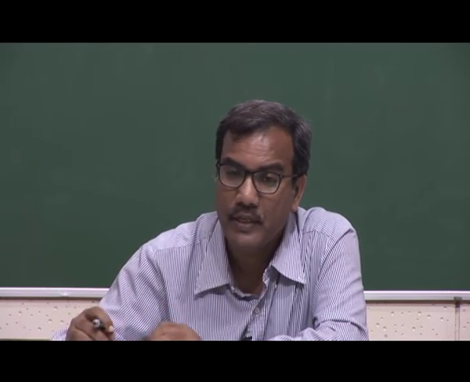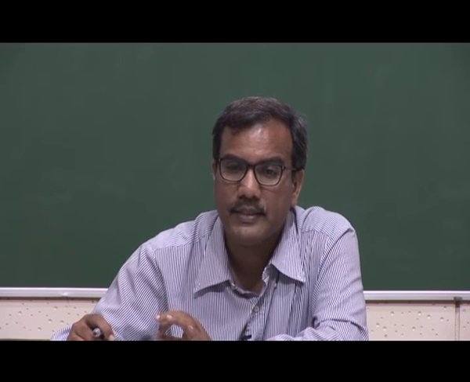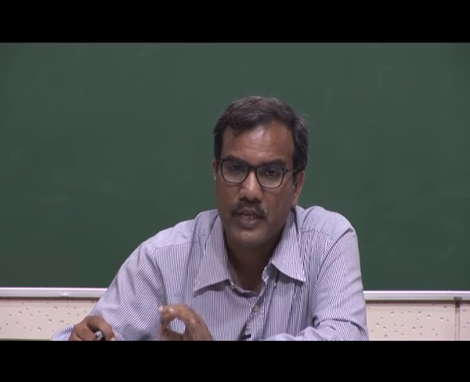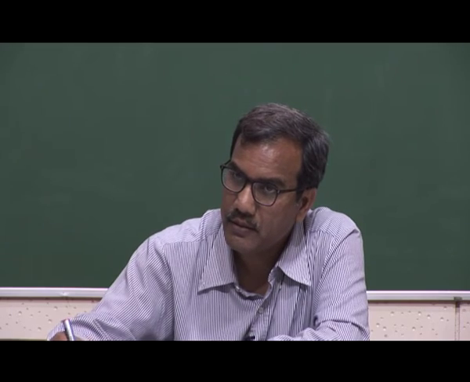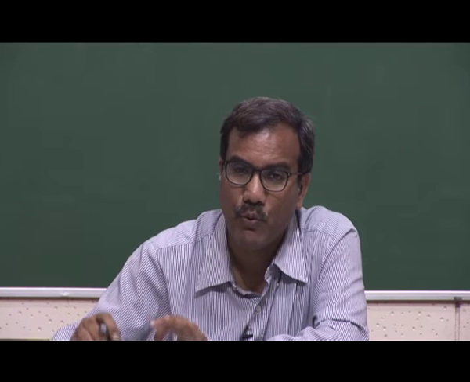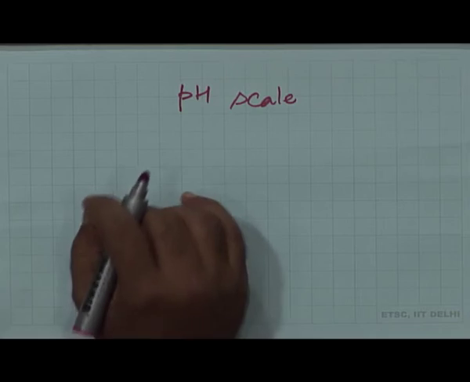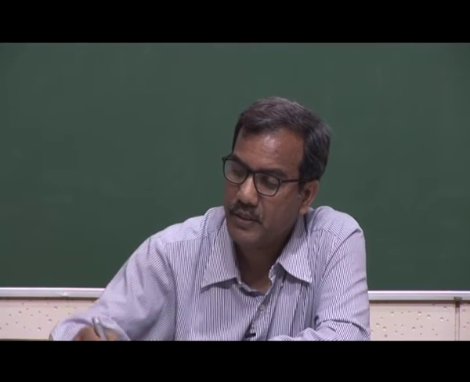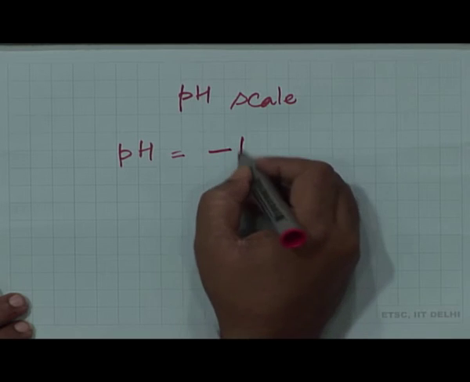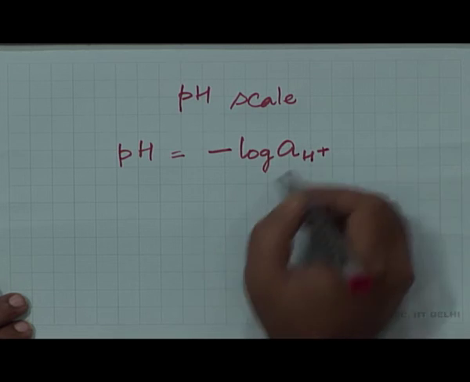How do we get a quantitative measurement of acidity and basicity? The scale which we use is called the pH scale, and pH is defined as minus log activity of H+ ion.